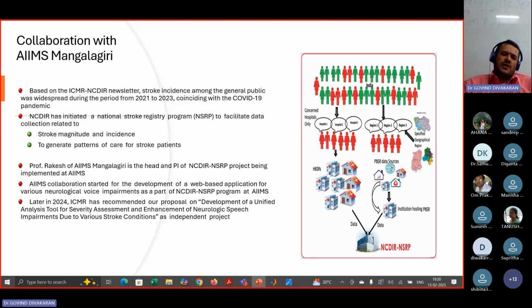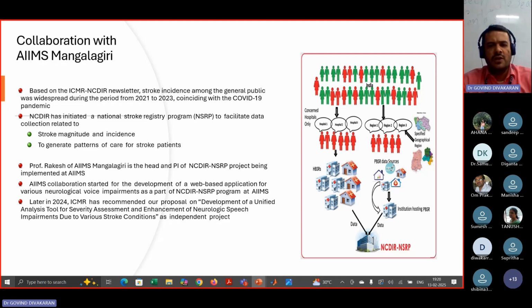Then Dr. Rakesh was telling us, I am the PI for a stroke registry project where I am treating stroke patients. About 500 stroke patients visit him in a year. So we may not get enough samples for TBI, but 95% of stroke patients will have voice impairment.